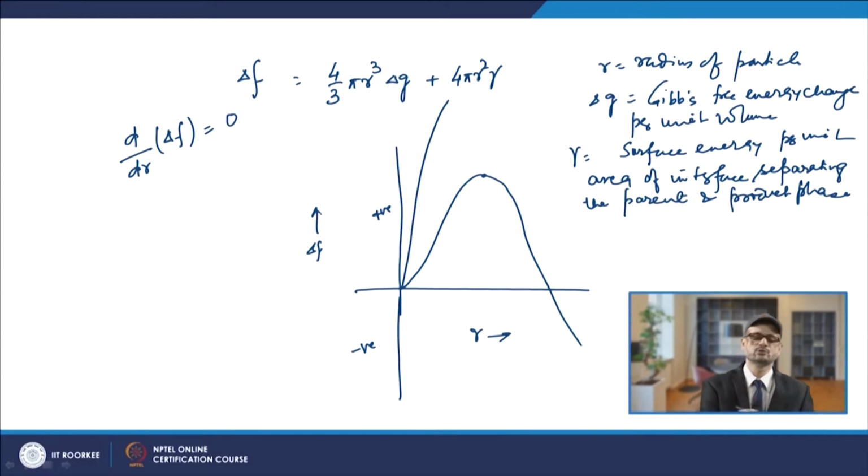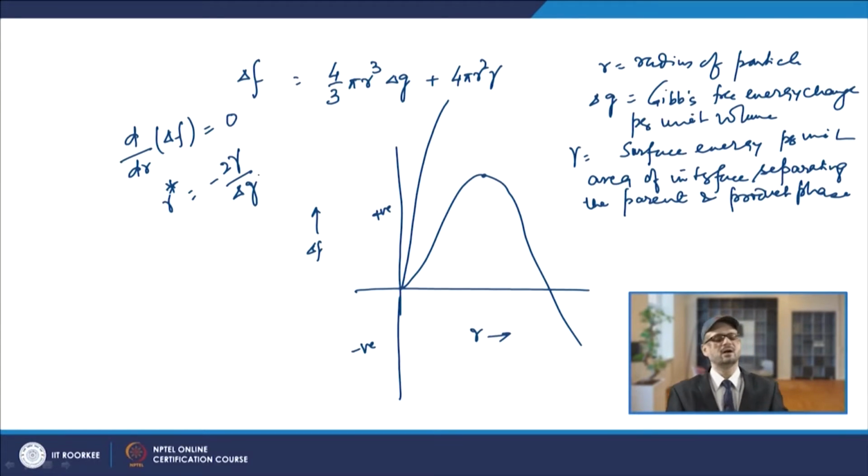If you do that, we get what we call r star, which will be minus 2 gamma by delta g. This is known as the critical radius of the nuclei.